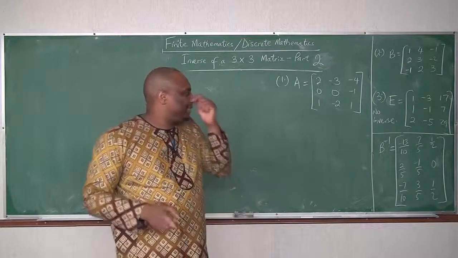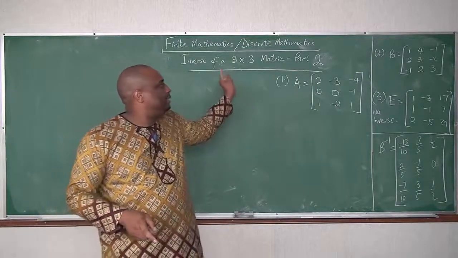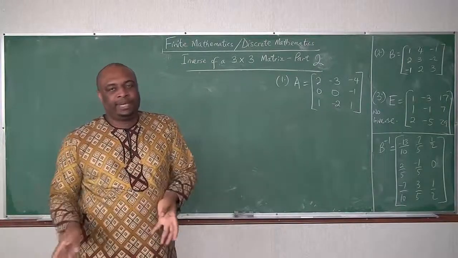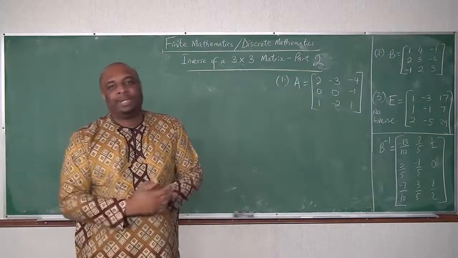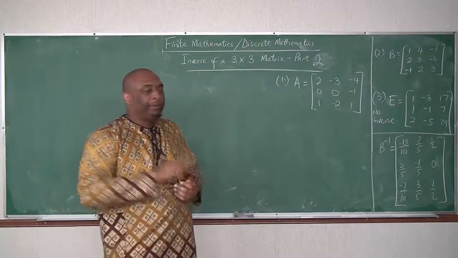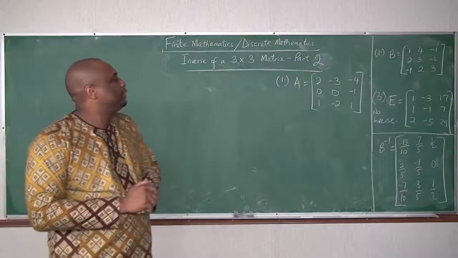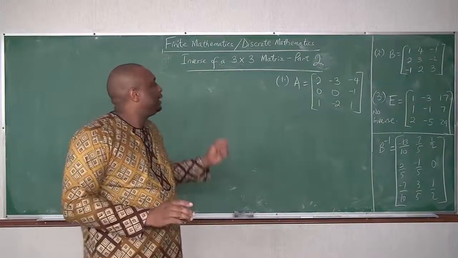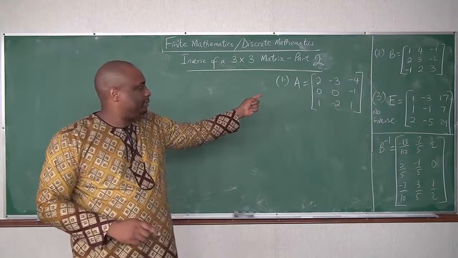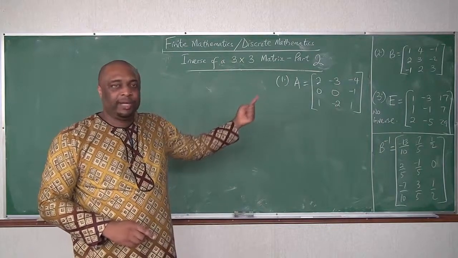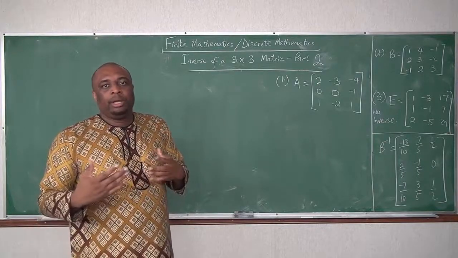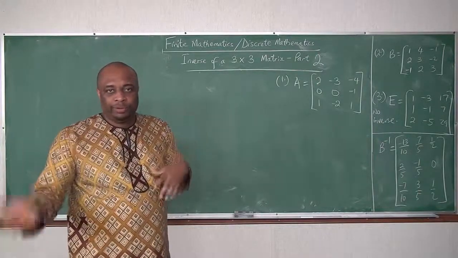These matrices were got from the video on determinants part 2. So in this video we shall find the inverse of a 3x3 matrix using the row reduction method. That was the second method we talked about earlier on in previous videos. We shall find the inverse of matrix A, and also check our work, because we have not done that with the row reduction method.